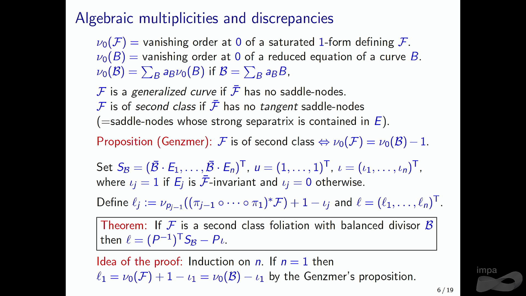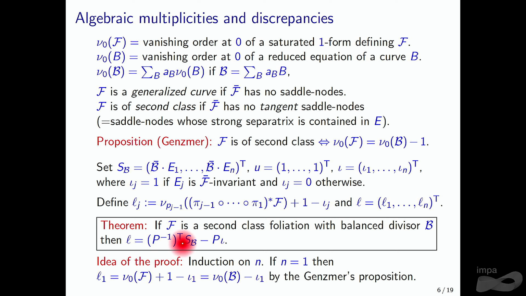So our first result is a formula for the vector L of these discrepancies, that we call the vector L of discrepancies, in terms of the proximity matrix and the vector associated to a balanced divisor of the foliation. And the idea of the proof, as in all the results, is induction on the number of blow-ups, and the case n equal 1 is the base case always.